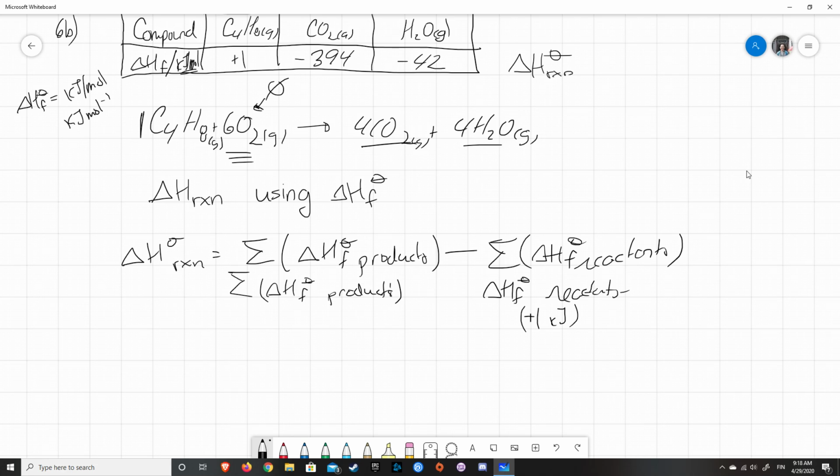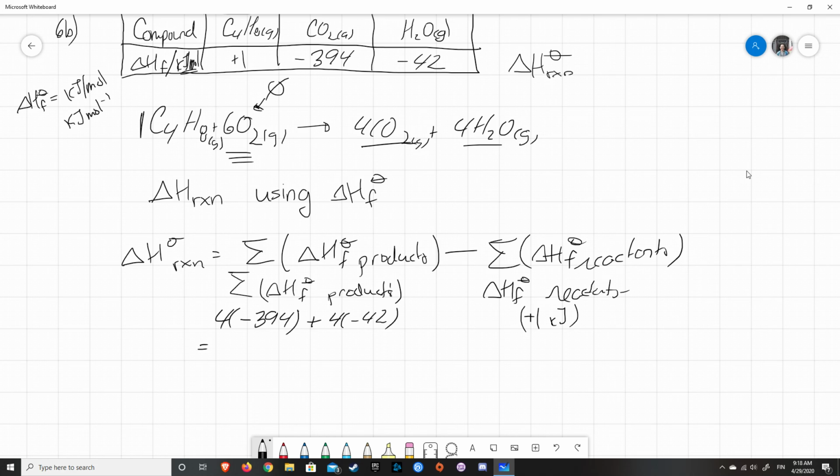And now our delta H of formation of products. We've got 4 CO2, so it's 4 times negative 394, and we're going to add that to 4 times negative 42.